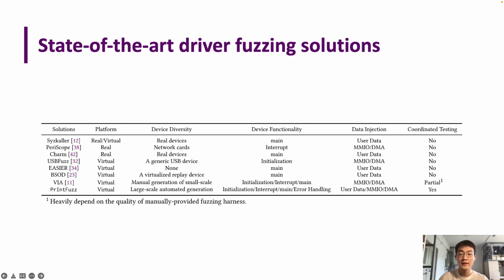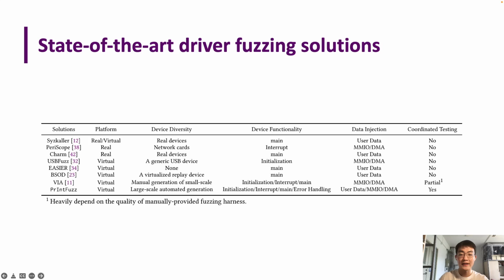Researchers have proposed many solutions to discover vulnerabilities in drivers, and fuzzing is one of the most promising. Researchers have presented several fuzzing methods to test Linux kernel drivers, and we list some of them here. More and more fuzzing solutions use virtual platforms such as QEMU, but they usually only use a small number of virtual devices.